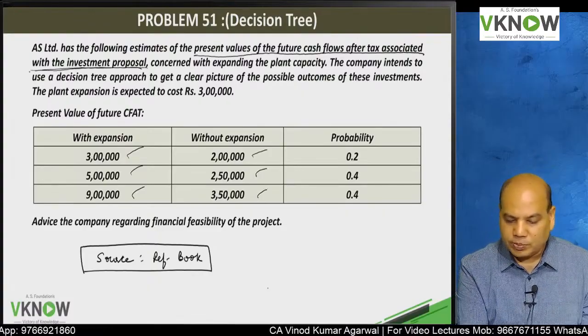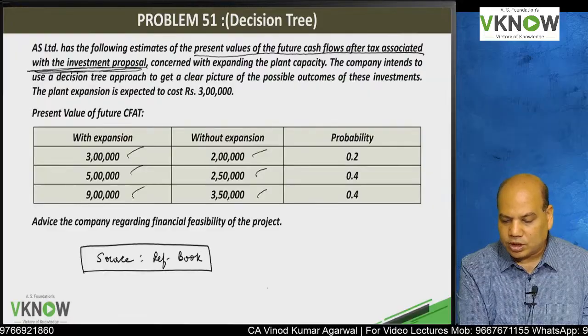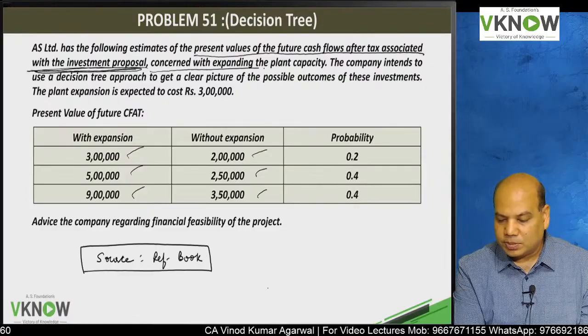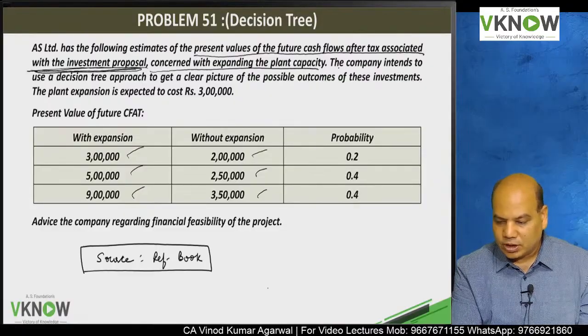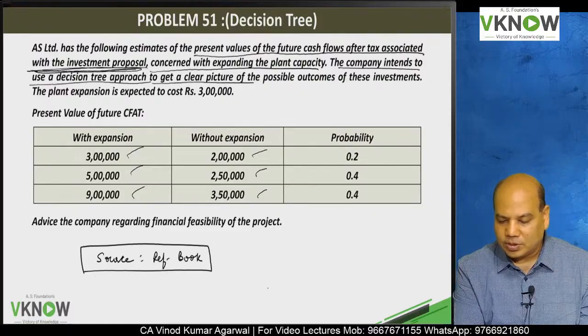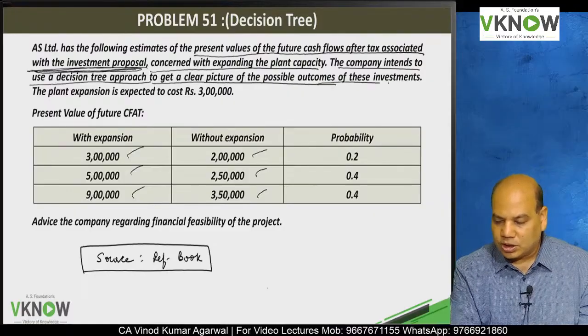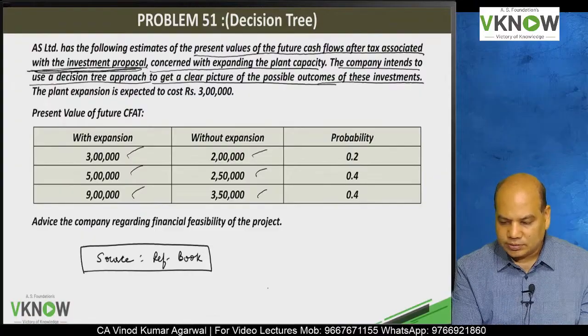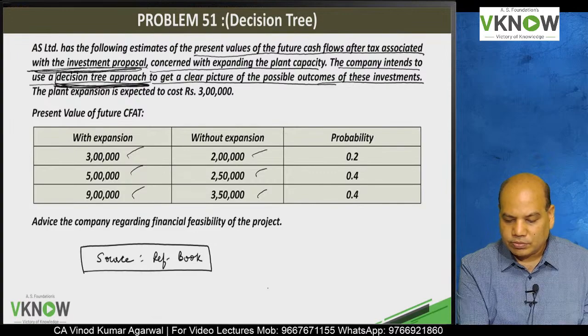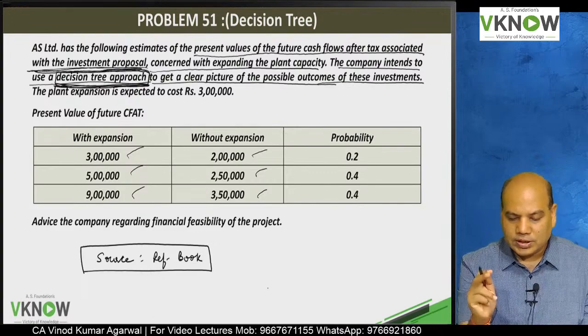So this is one type of question where present values are already done, and the question is whether to expand the plant capacity. Company intends to use a decision tree approach to get a clear picture of the possible outcome of this investment. When the problem says use decision tree approach, you have to also draw the decision tree.